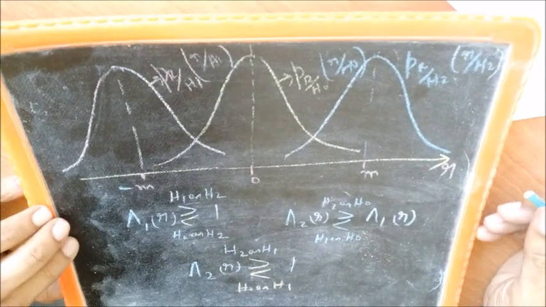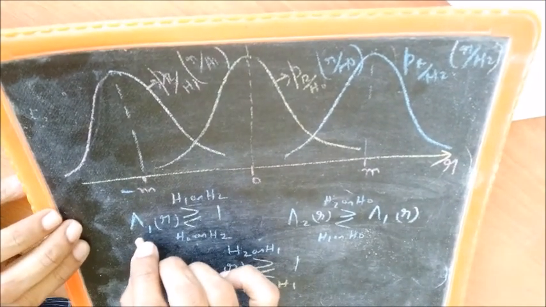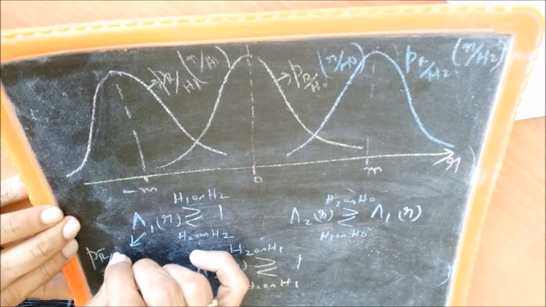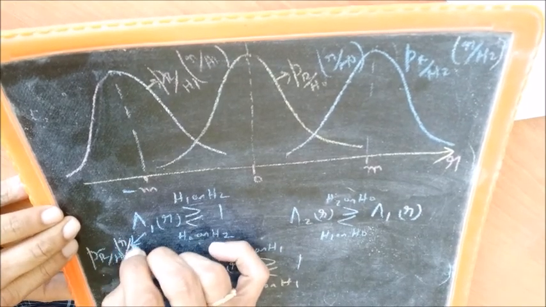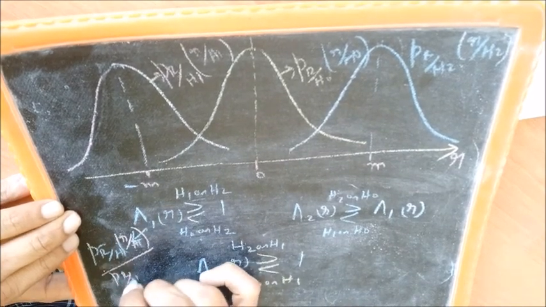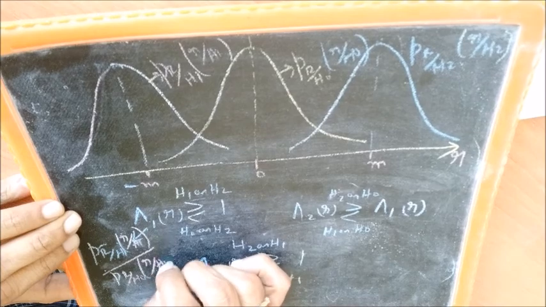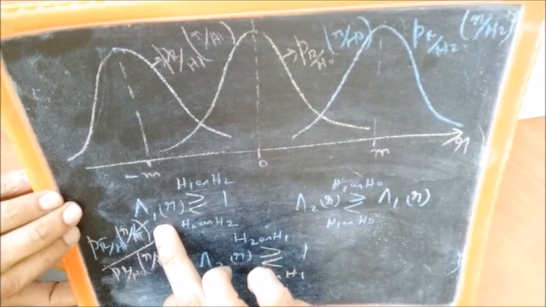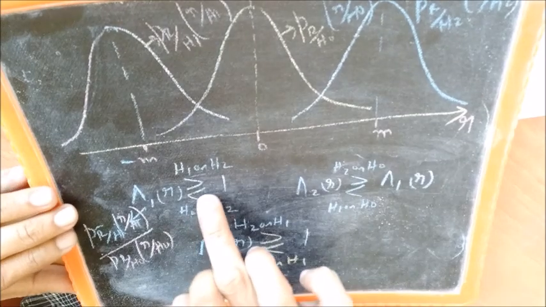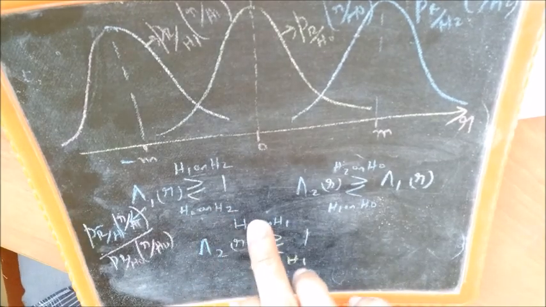Now this likelihood ratio is PR given H1 by PR given H0. We know that lambda 1 is PR given H1 by PR given H0. And whenever lambda 1 is more than 1, we say H1 or H2.